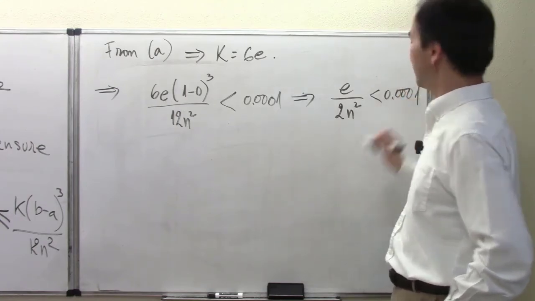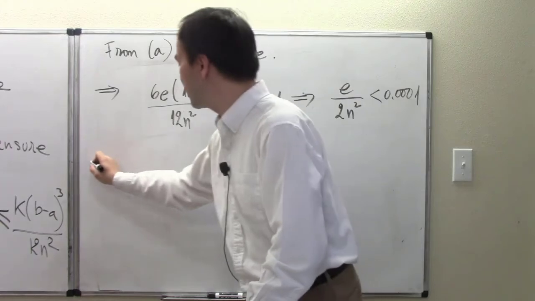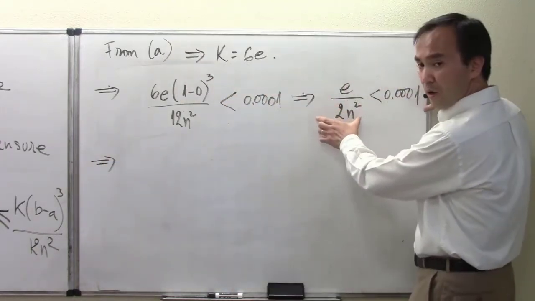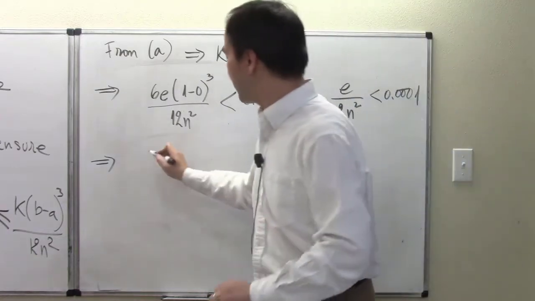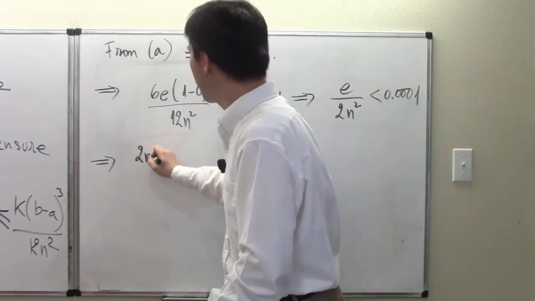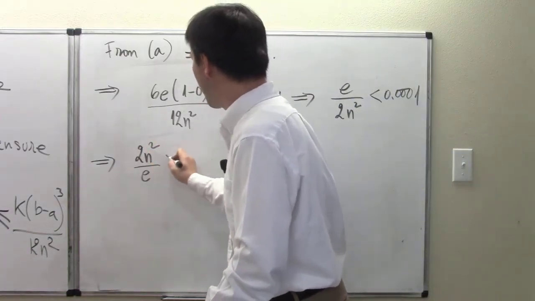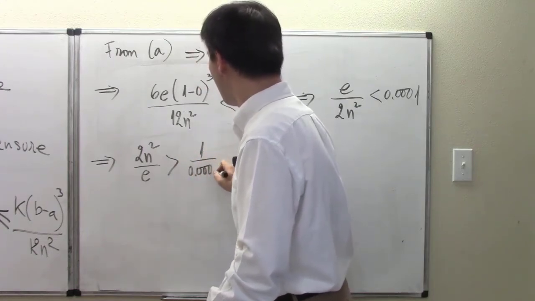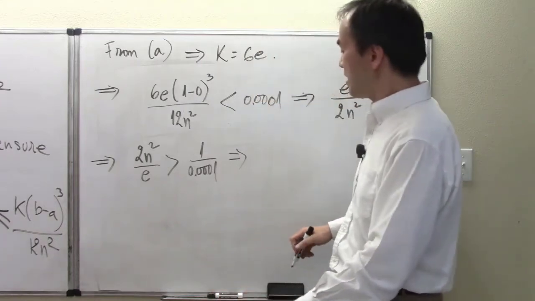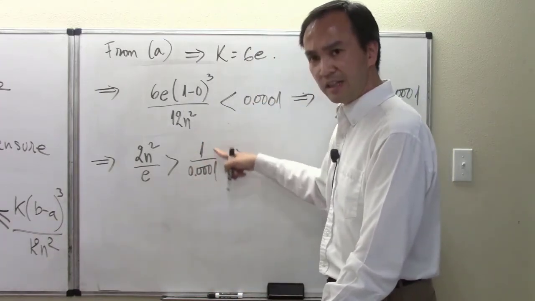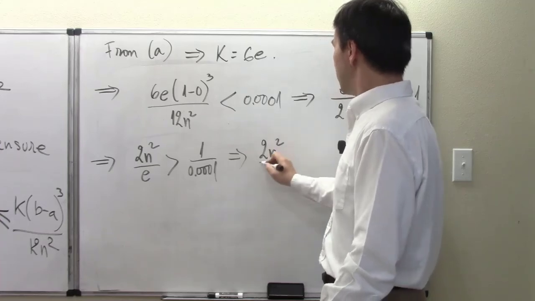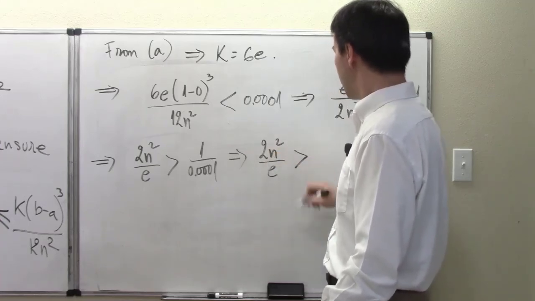Now algebraically, I'm going to take the reciprocal on both sides of my inequality, which leads to 2n squared over e being greater than 1 over 0.0001, and that is 10,000 again. So we're looking at 2n squared over e being greater than 10,000.